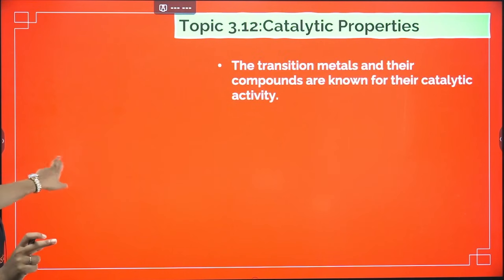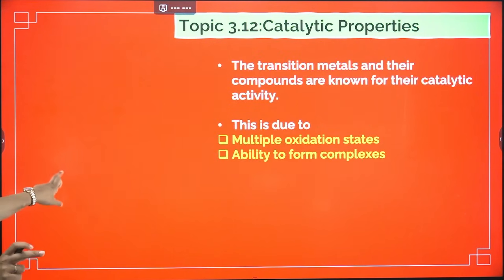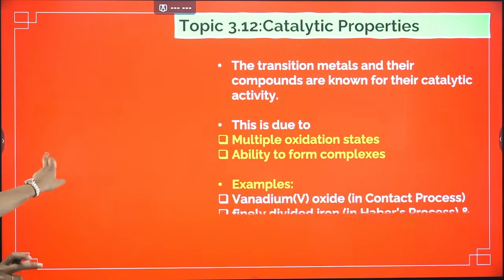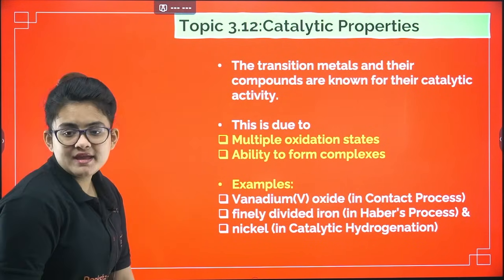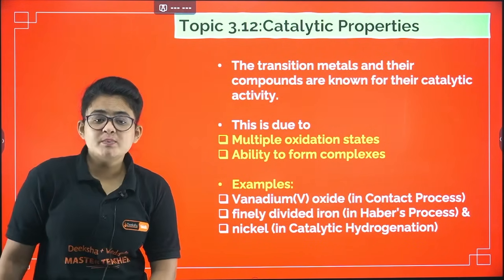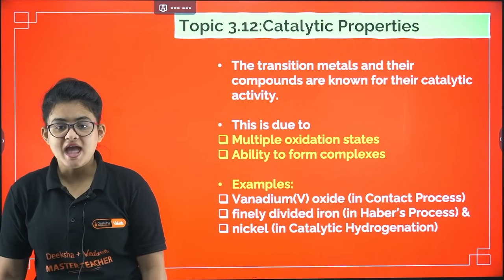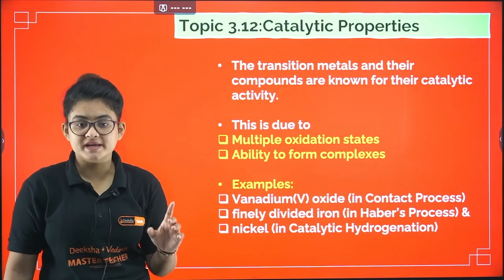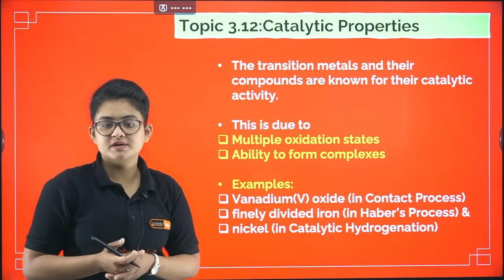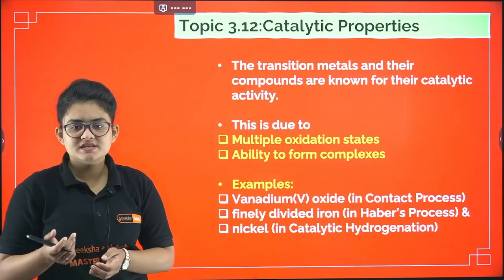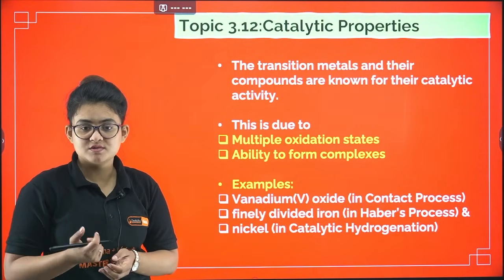Let's proceed. Catalytic properties: why do they work as nice catalysts in different reactions? Because of multiple oxidation states and the ability to form complexes. This is the main reason why they show catalytic properties. One example, vanadium oxide can be used in the contact process.